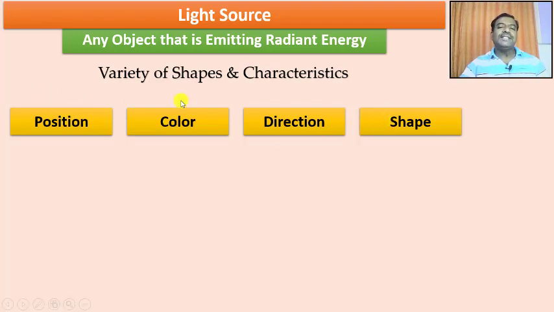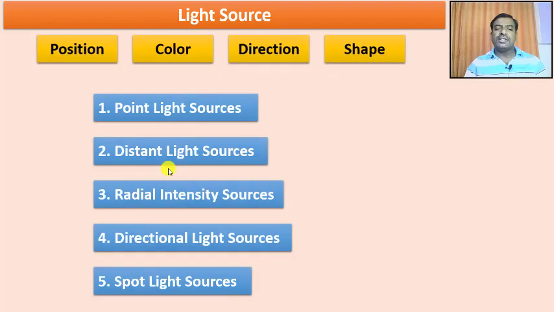Keeping these characteristics in mind, we have 5 main categories of light sources.